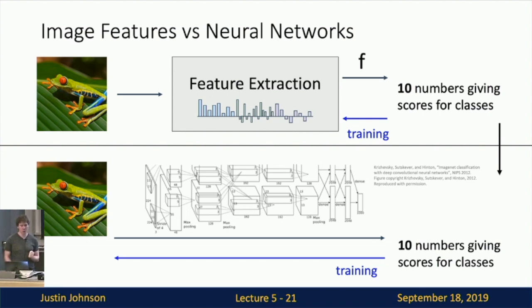And then during the process of training, we will tune not only that final layer that's using some linear classifier, we will tune the entire system, all parts of the system jointly, in order to maximize the performance of classification or whatever other end task we're considering.